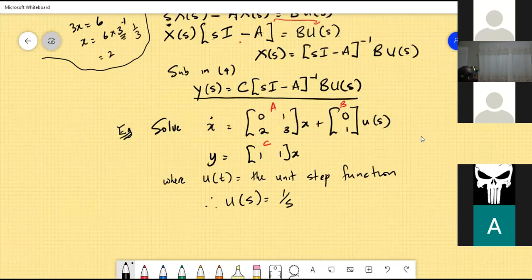All right, so now Y is going to be equal to C times sI minus A inverse.